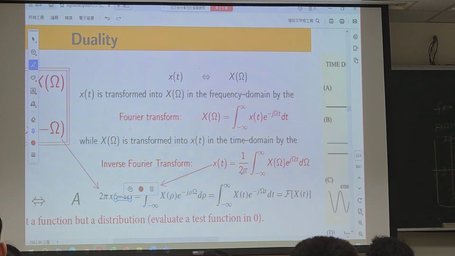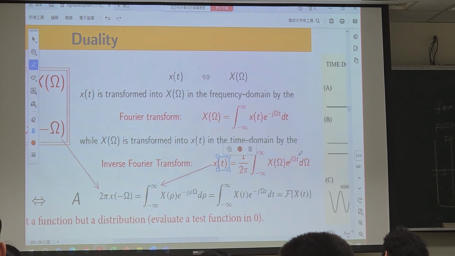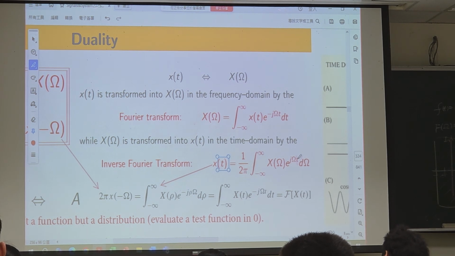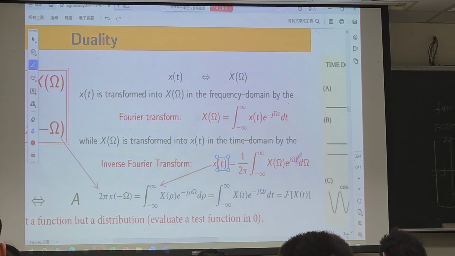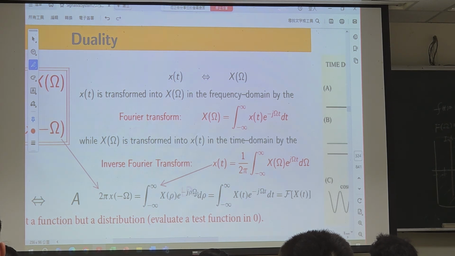So this 2 pi is now multiplied to x of t, and the argument is replaced by negative omega. The t over here is now replaced by negative omega.